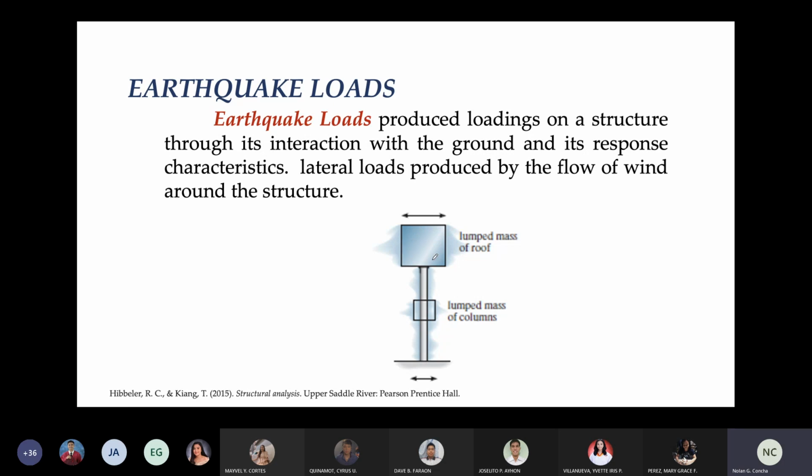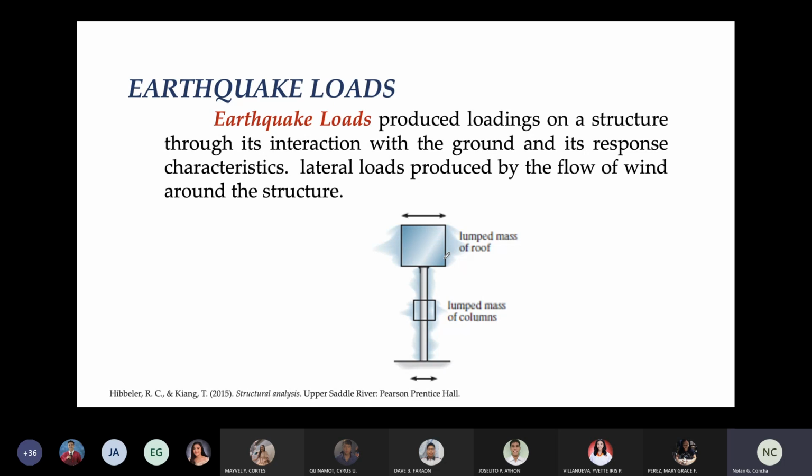Kapag masyadong malaki ang mass nung structure mo, mas malaki din ang sway or ang earthquake lateral load. Pag maliit lang, edi maliit rin lang ang movement. Kaya nga, pag nag-design tayo ng structure as much as possible, dapat magaan lang siya, no? Huwag masyadong bigat. Kasi pag mabigat masyado, malaki din ang lateral forces na madi-develop due to earthquake.